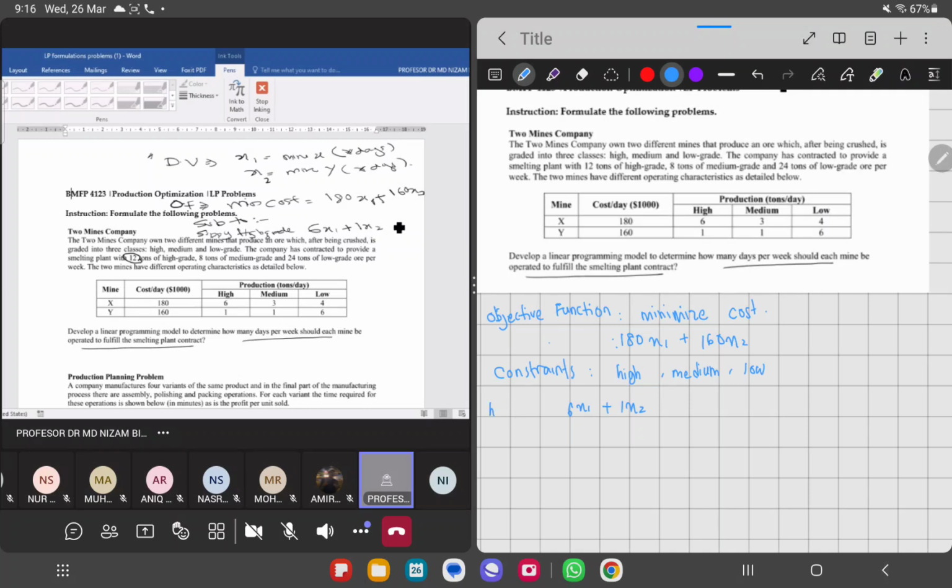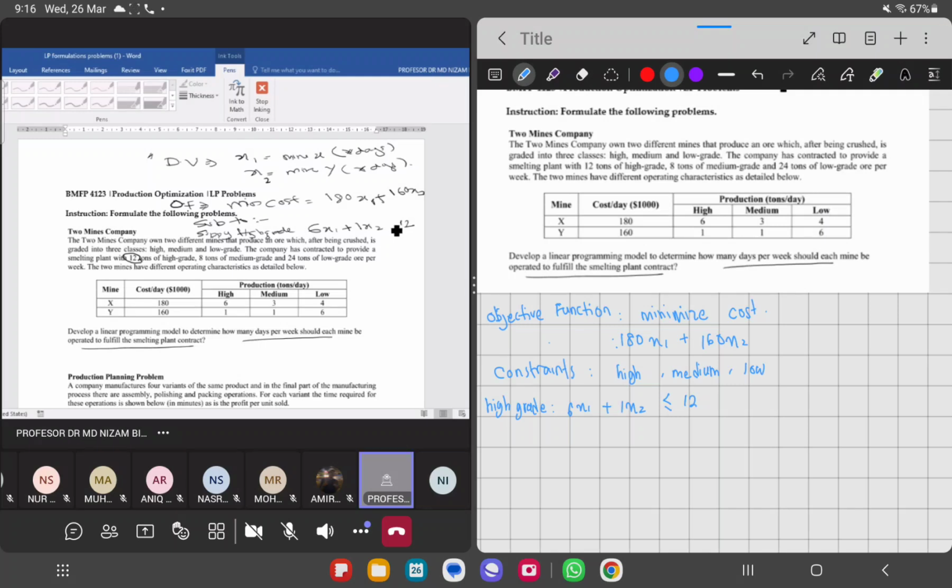So the sign should be equals to, less or equals to, greater or equals to 12 tons. Less? If it's less, then this smelting company will be mad at the mining company, right? Because we promised them we're going to supply 12 tons. If you say here less than, then you're saying that you can produce, let's say, 10 tons.